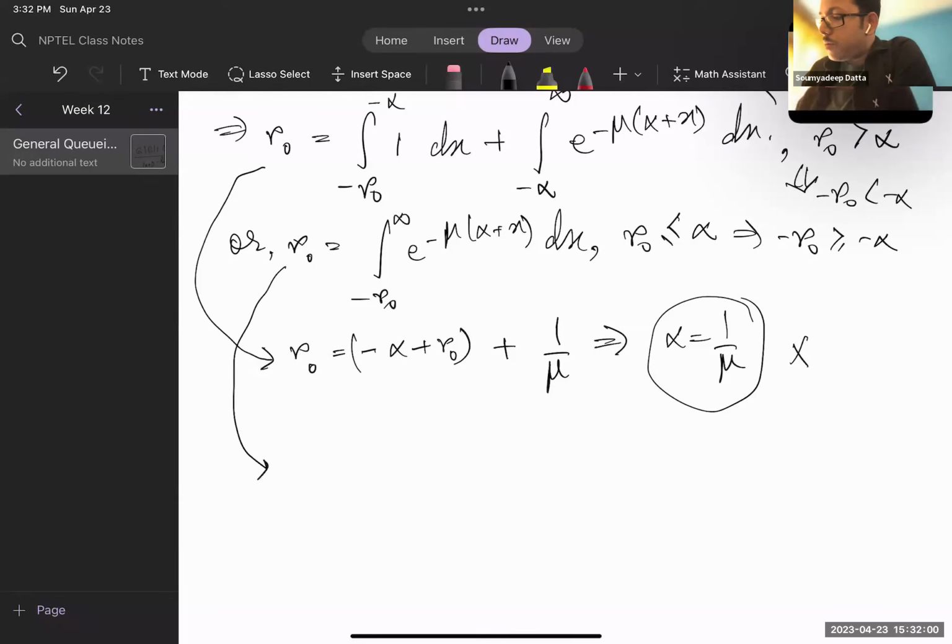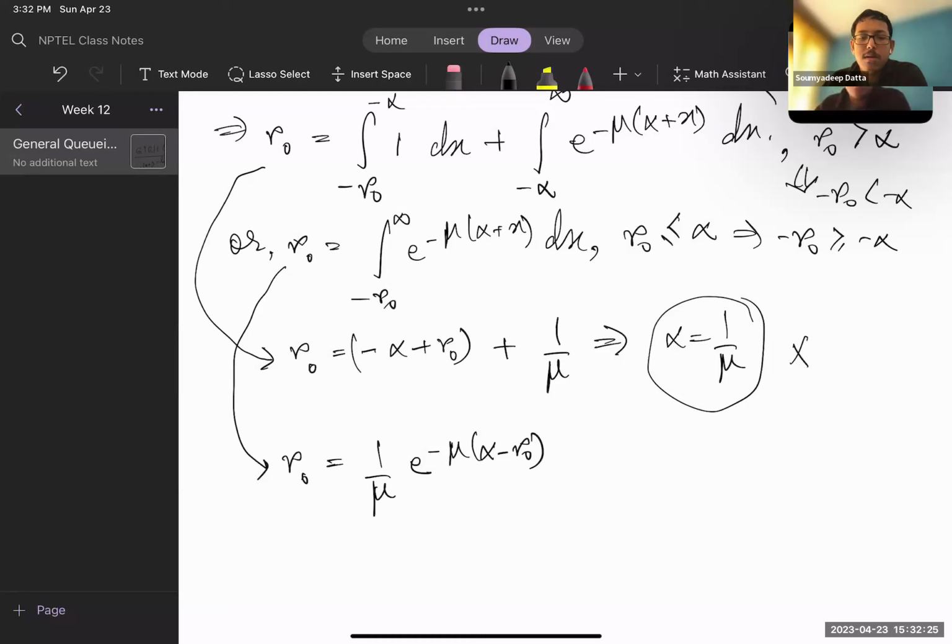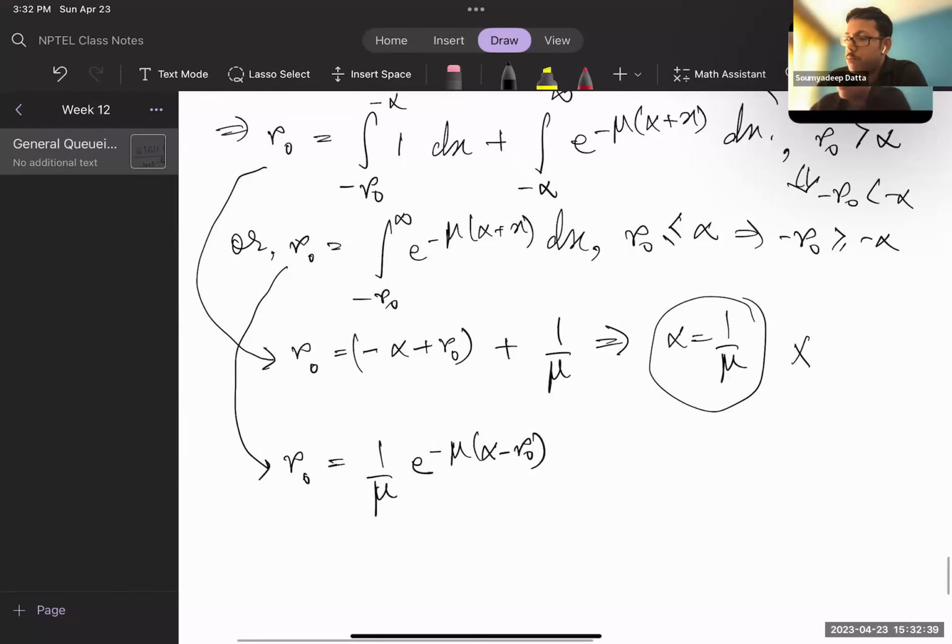And so let's try solving this instead. r naught equal to 1 by mu e to the power minus mu times alpha minus r naught, right? Because if we substitute x equal to minus r naught, I think this will be the expression. So then we can solve this using, I really don't know, this is the problem I cooked up.